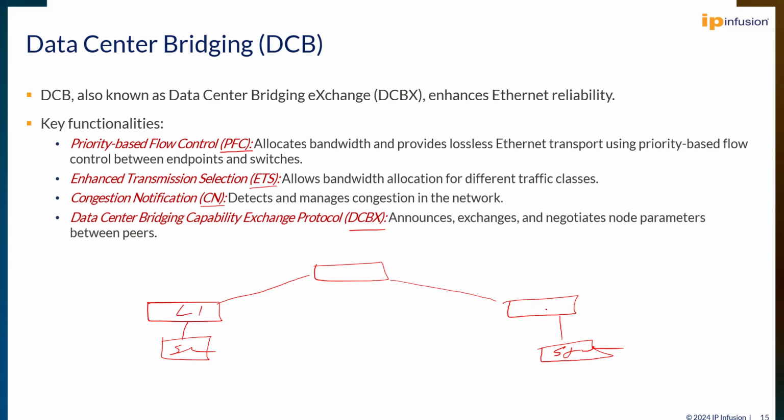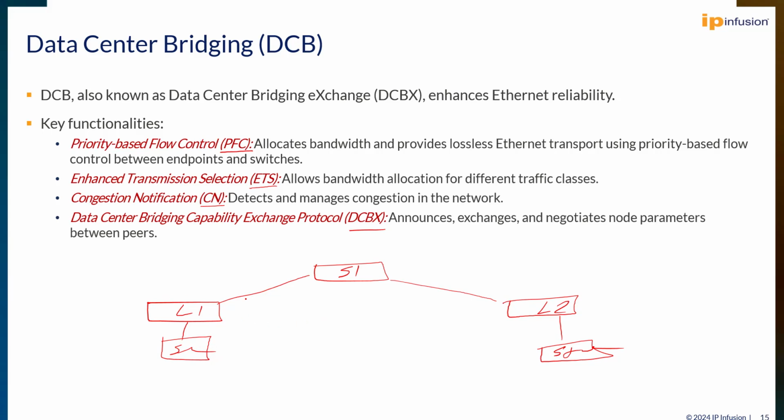This is L1, this is L2, and let's say that this one is S1. What is going to happen in this very simple topology? What we have here is the server is going to be responsible for slowing or increasing the speed of sending the transmission to the other side.